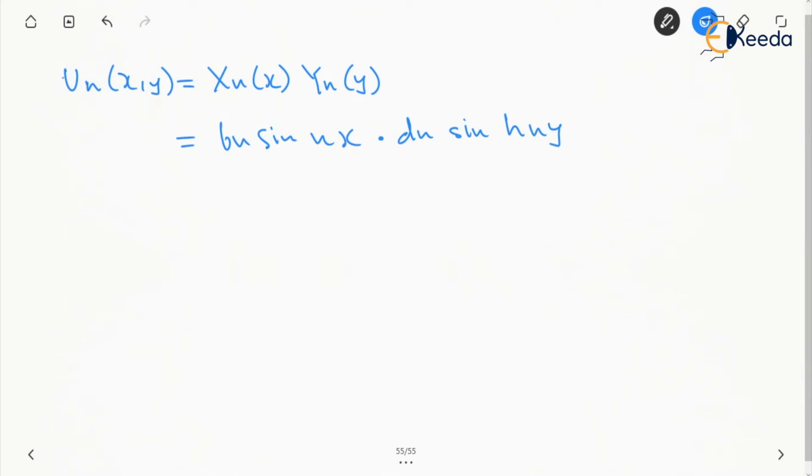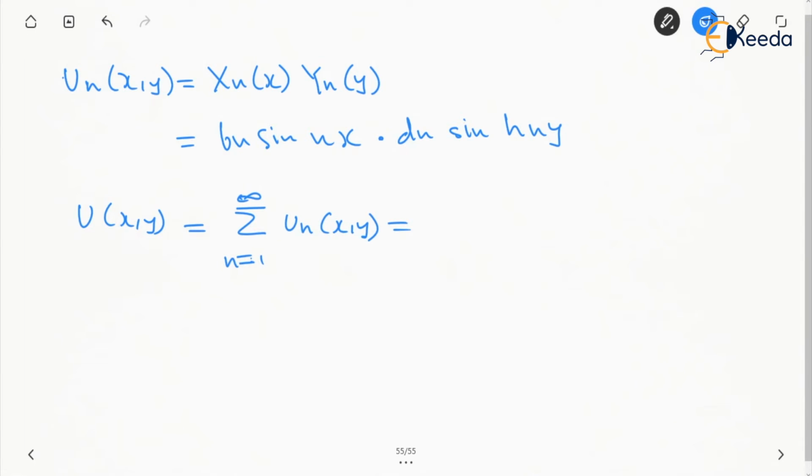So overall, we know that u x y will be the summation from n equal to 1 to infinity of un x y.